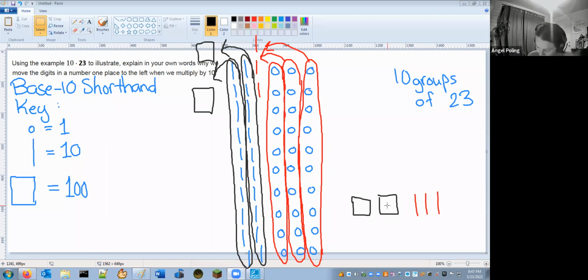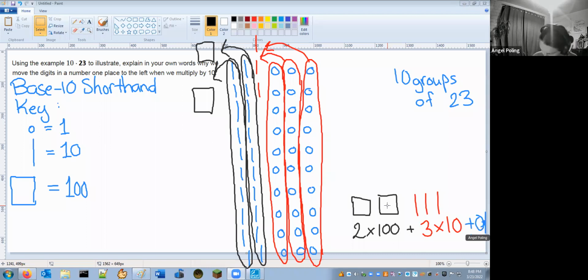And that 10 groups of 23, when regrouped and renamed in an image, becomes 2 of our hundreds plus 3 of our tens and none of the original ones, right?